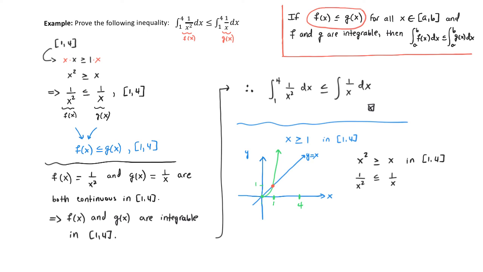And then you can go ahead now and conclude that the integral from 1 to 4 of f of x is less or equal than the integral from 1 to 4 of 1 over x. So there are two different ways that you could have gotten to this inequality right here.